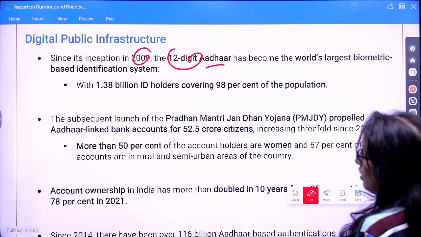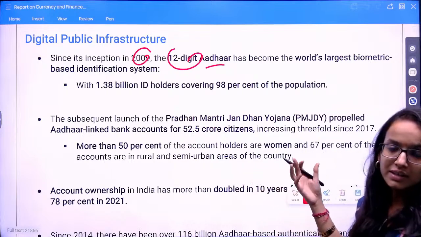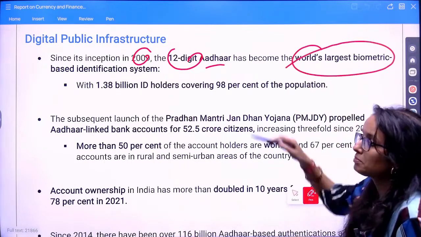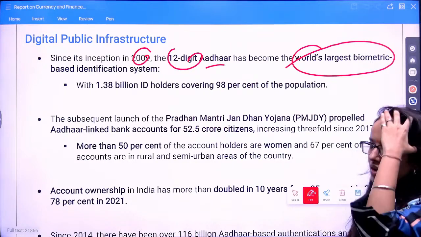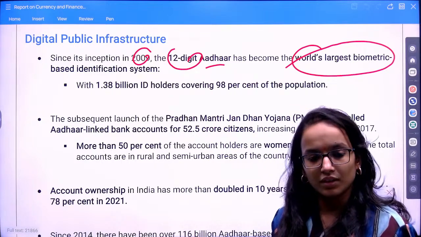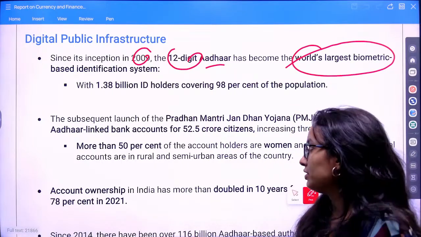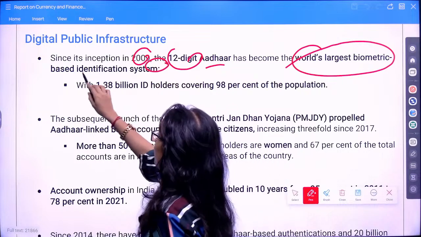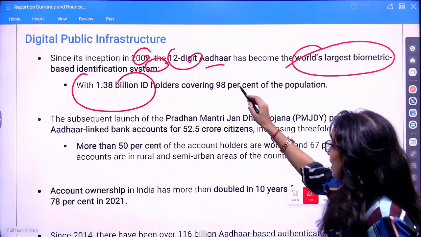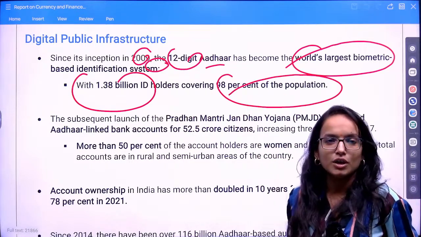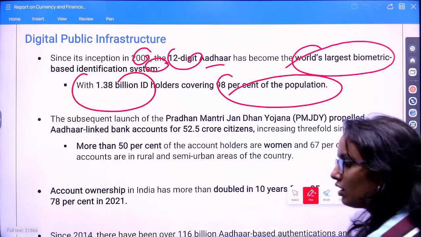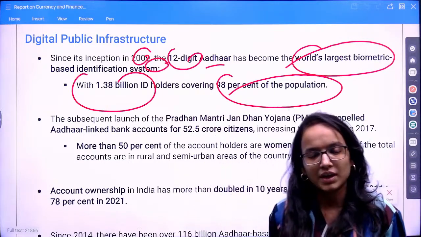Our unique identification number, Aadhaar, has become the world's largest biometric based identification system, with 1.38 billion Aadhaar ID holders covering 98% of the population.